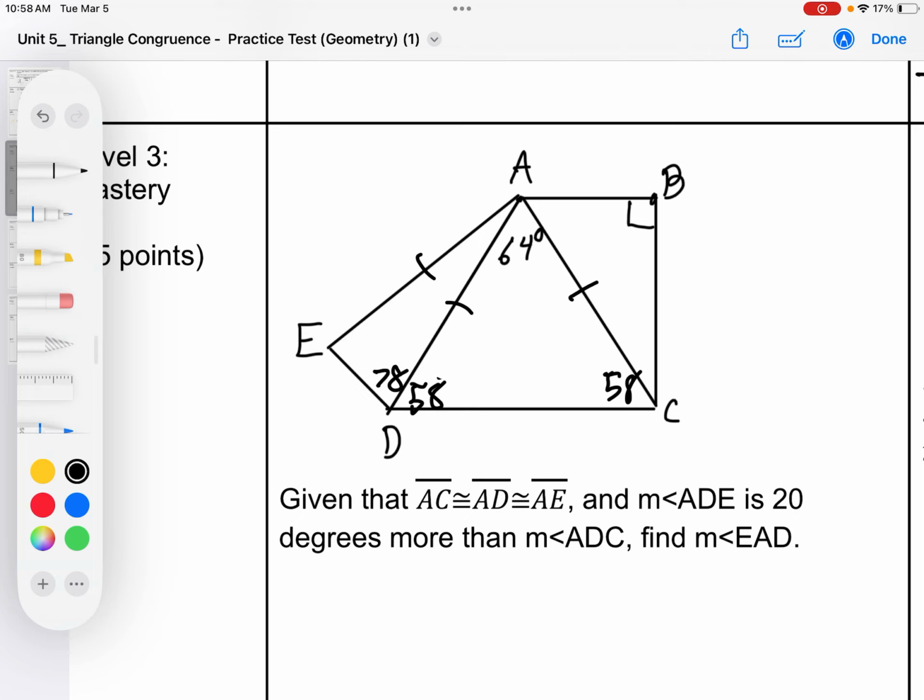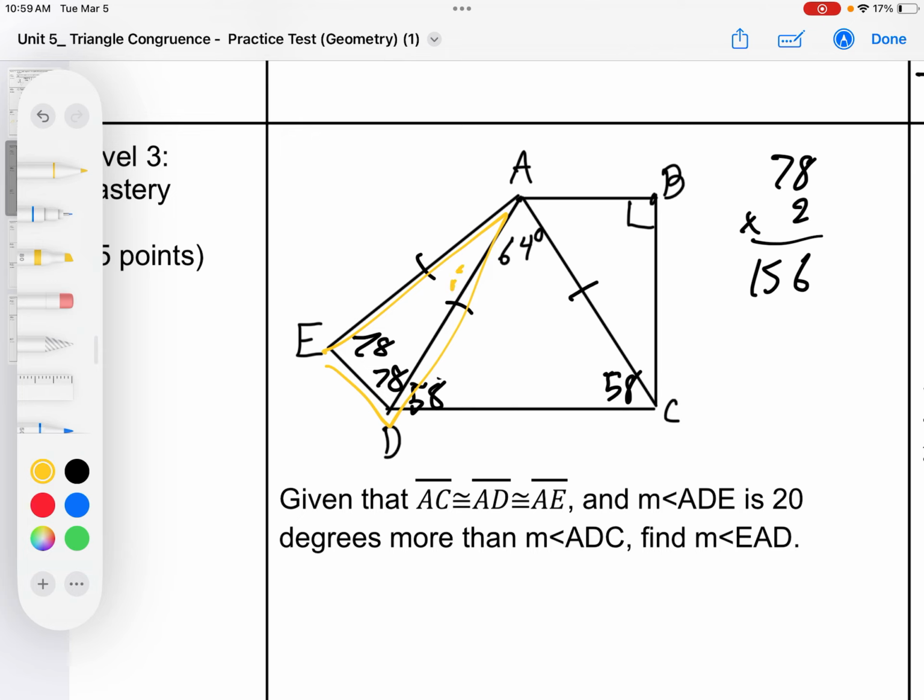But look, this is an isosceles triangle also. You've got to be able to identify all these isosceles triangles all over the place. So this is 78. So both of those corners are 78. 78 times 2 is 156. Well, the whole total has to be 180, in any triangle, no matter what. So the yellow triangle here has got to be 180.